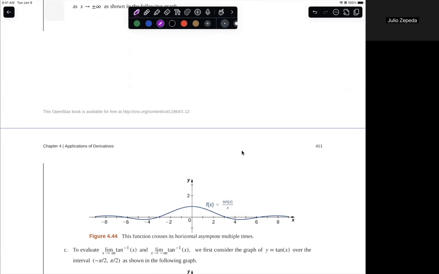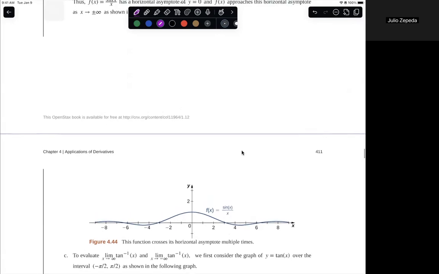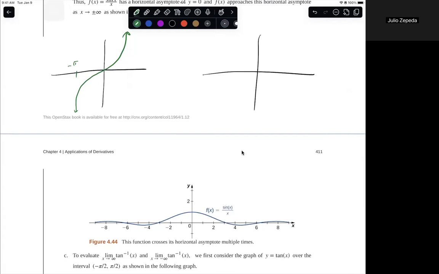Okay, the last one, this tangent inverse, there's basically no way around it. You need to know what the graph of the tangent inverse function looks like. And so just a quick reminder from pre-calculus or wherever you graphed the tangent function. Tangent of x looks like this, from -pi/2 to +pi/2.